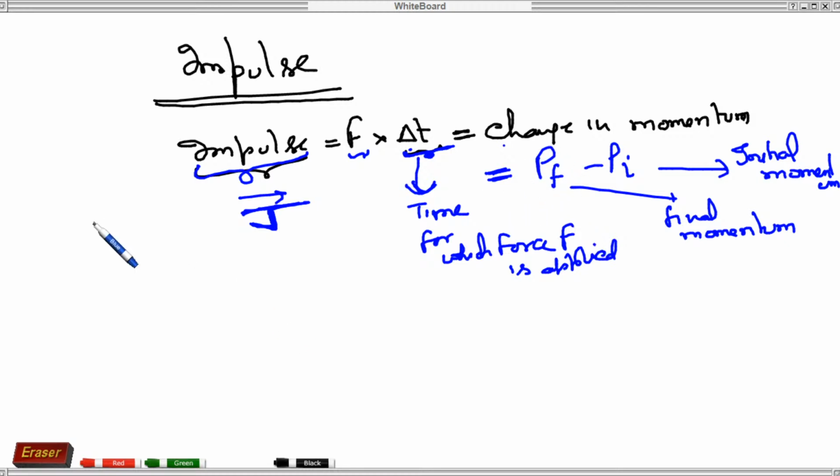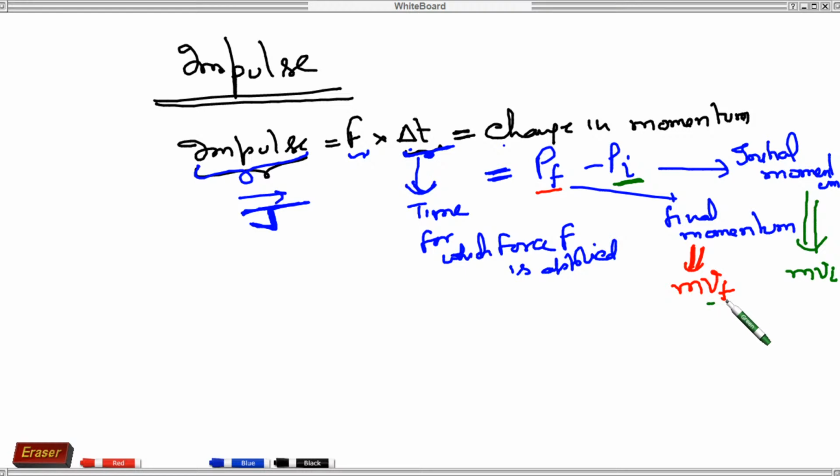So this was the thing which I discussed. What is momentum? That is linear momentum, equal to m into v. If it is a final momentum, then it is m into Vf. If it's an initial momentum, then it is m Vi, where Vf is the final velocity and Vi is the initial velocity.